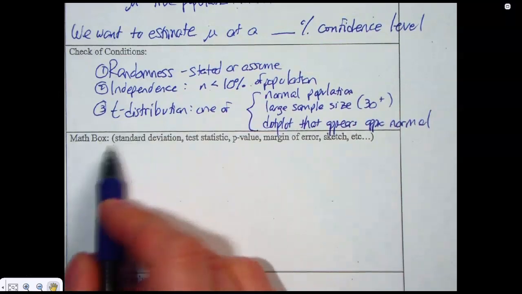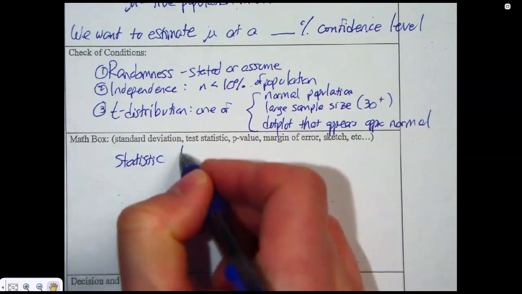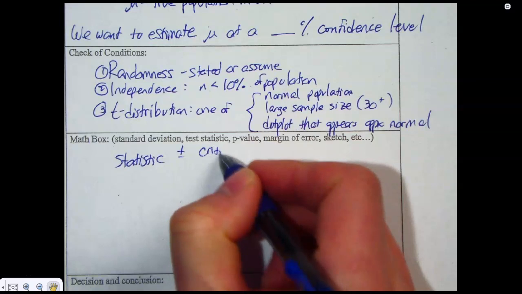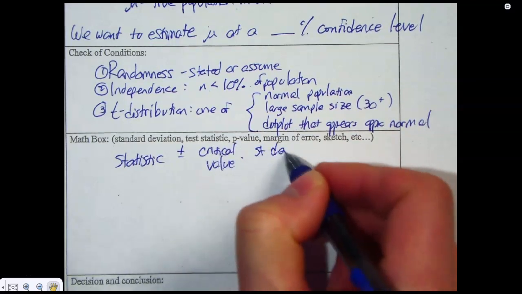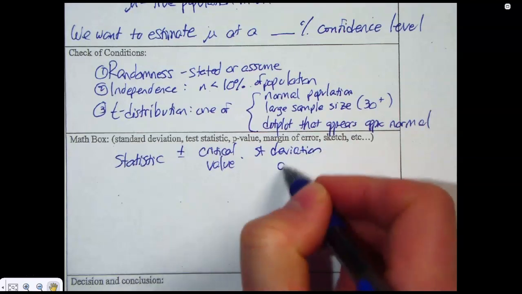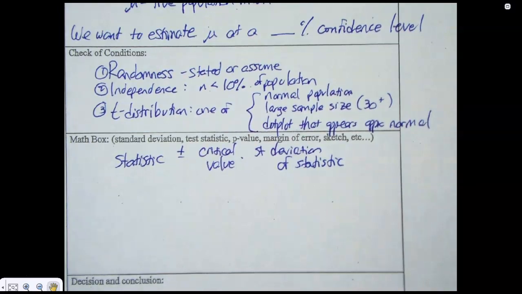All right, so this is the same setup as the other one. Statistic plus or minus the critical value times the standard deviation of the statistic. So go ahead and get your formula sheet out too.